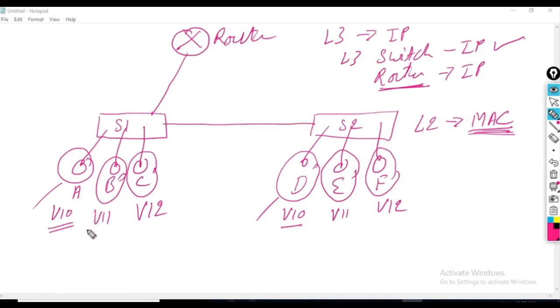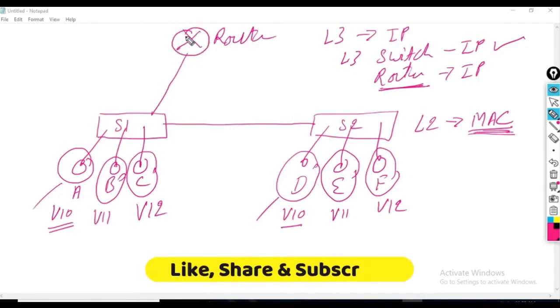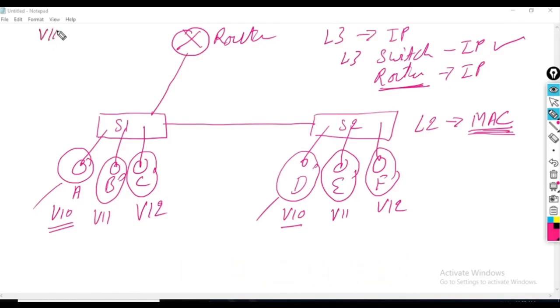So what we have to do is create a virtualization here on this particular router. So we need to configure VLAN 10, VLAN 11, VLAN 12 on this particular router.